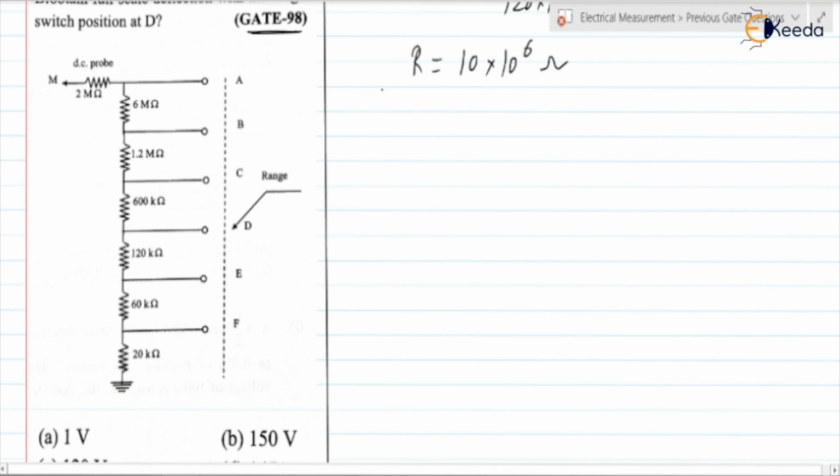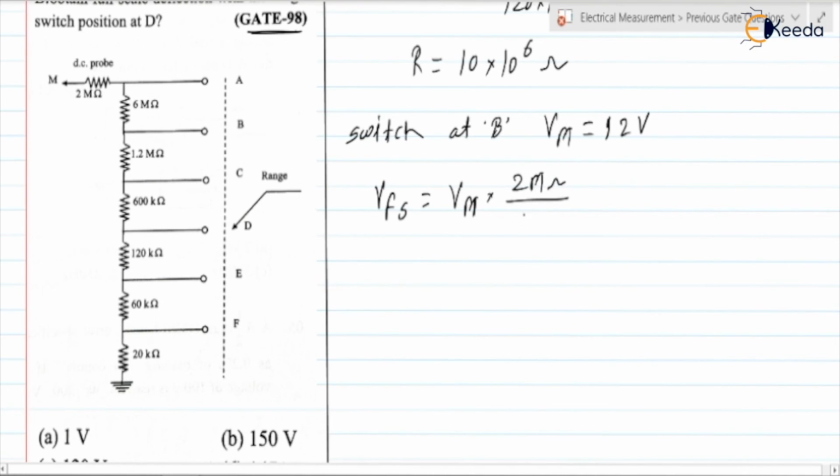Now it is given that when the switch is at position B, then we can write Vm is equal to 12 volt. Therefore Vfs, that is the full scale voltage, is equal to Vm, the voltage at the point M, into, by the voltage division rule, 2 mega ohm divided by 10 mega ohm, because if you check, till point B the total resistance is 2 mega ohm.